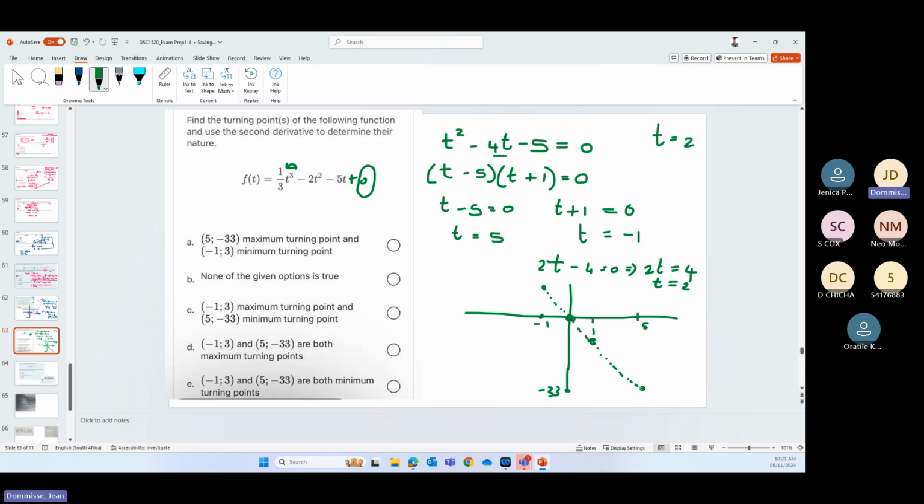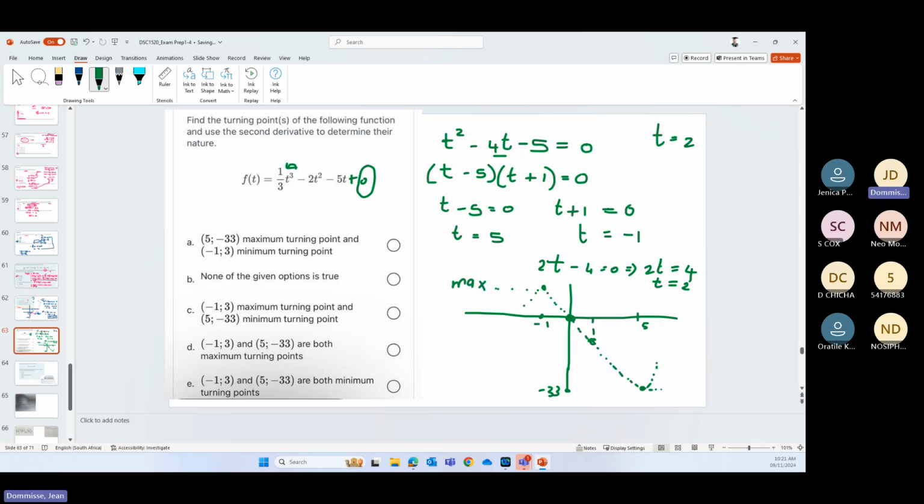So that is going to be the turning point up, and this is going to be the turning point down, because I can't turn up from there, then it goes straight. So it needs to turn here. So that tells me that point is a maximum.